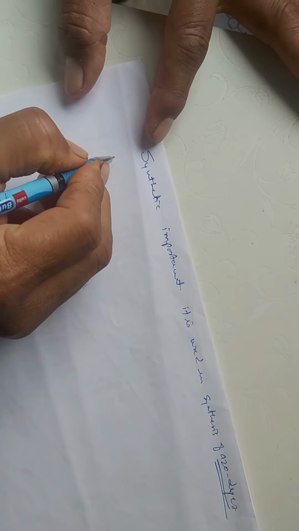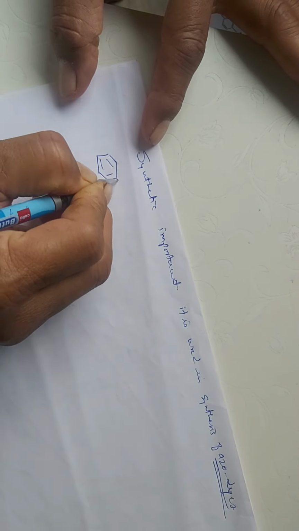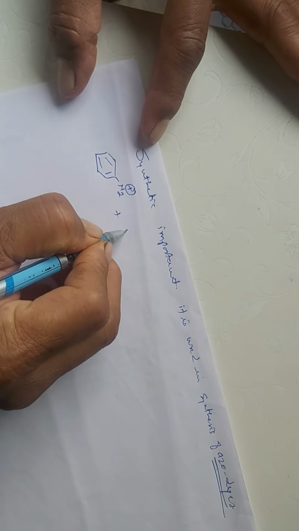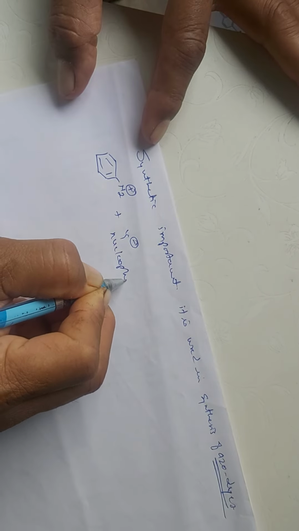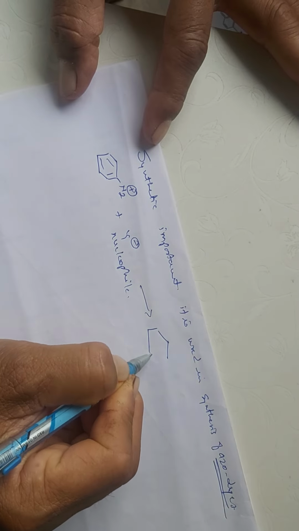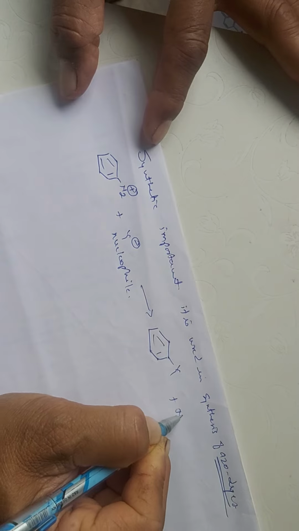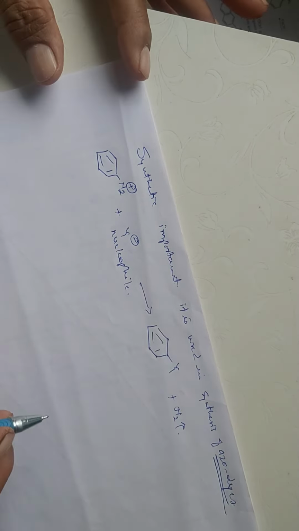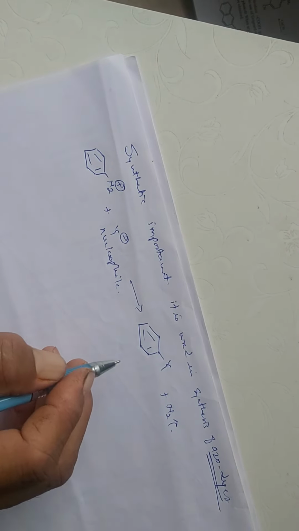Means here the simple reaction, this benzene diazonium salt reacts with any kind of nucleophile and will give you the formation of the substituted benzene nucleus, in which the nitrogen is replaced by different kinds of functional groups.